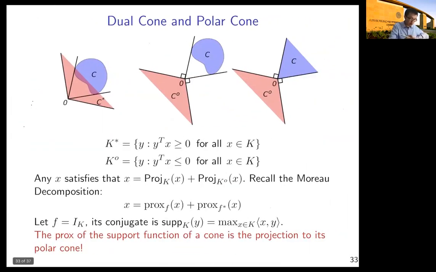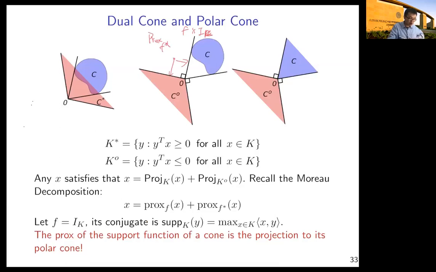Okay, so we talk about the dual decomposition. The prox of f star, when f is an indicator function of this set which has a spanning cone, or of this cone, is simply a projection to its so-called polar cone.